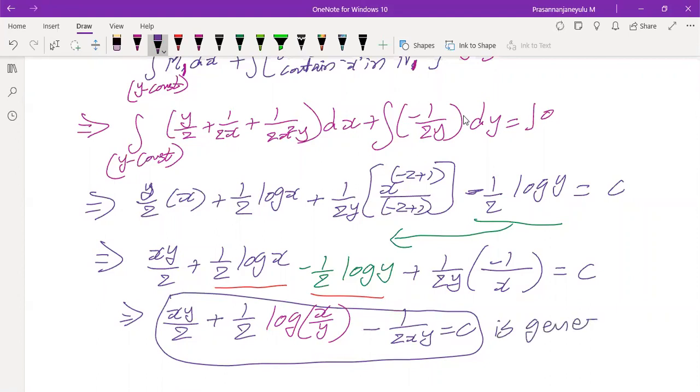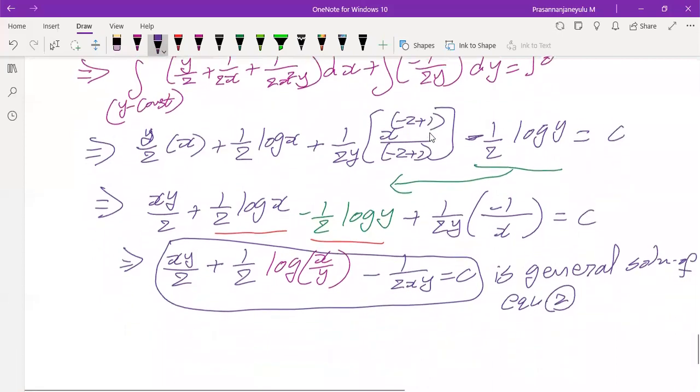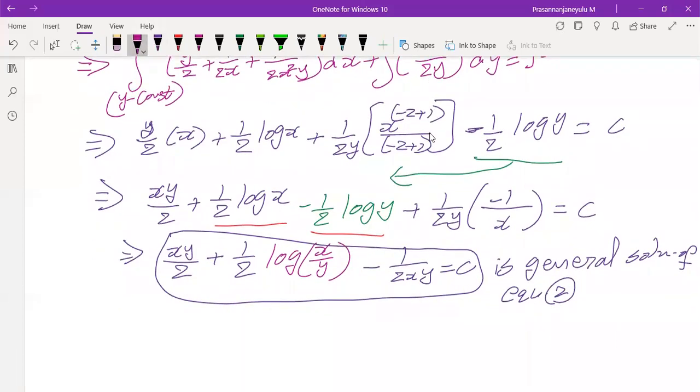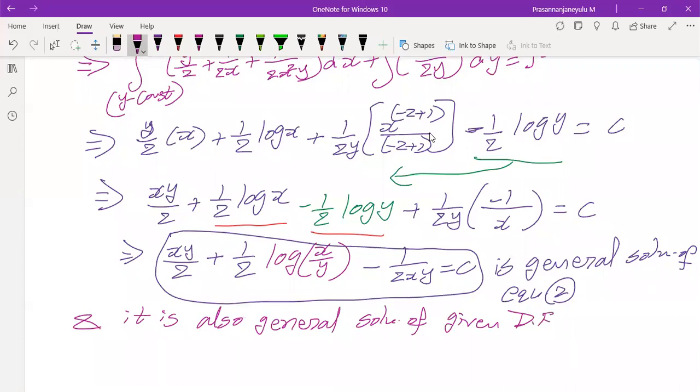It is the general solution of which equation? Equation 2. And it is also the general solution of the given differential equation, equation number 1.